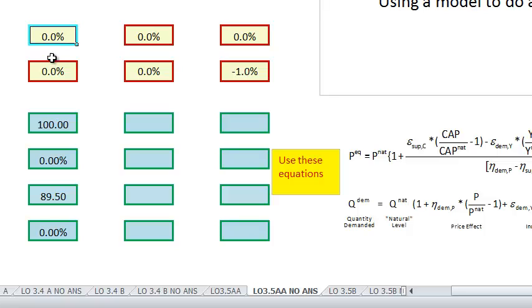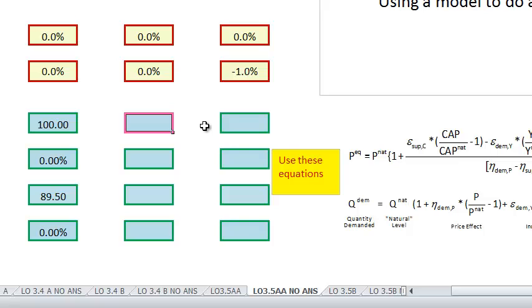And over here on capacity, we're going to have no increases or decreases in capacity relative to its long run value, and likewise no other disruptions, increases or decreases, to supply. And then over here is the baseline equilibrium. In the absence of any shocks, the natural price we're assuming to be about $100 per barrel, and the natural quantity is about 89.5 billion barrels per day.